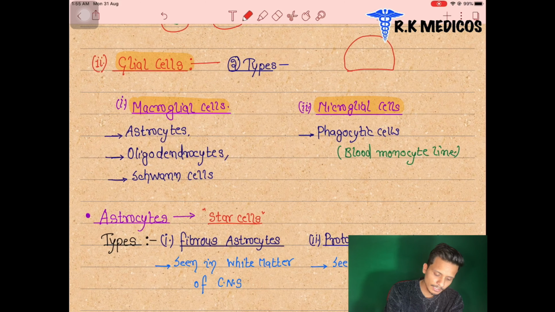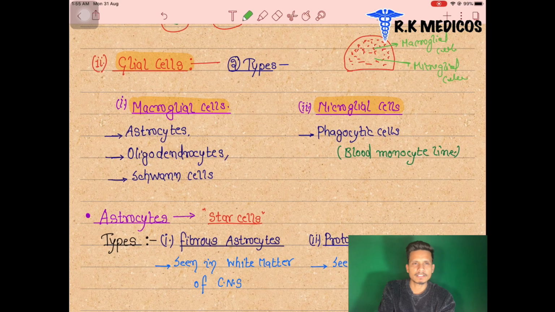This is the CNS, and suppose these are the supporting cells; inside it two types of supporting cells are present, either macroglial cells or microglial cells. What does it mean, microglial and macroglial? The macroglial cells are bigger in size, but the microglial cells are smaller in shape and size.